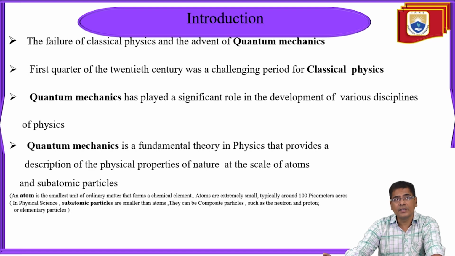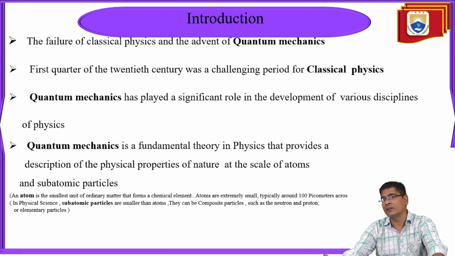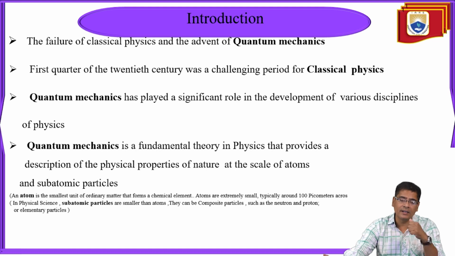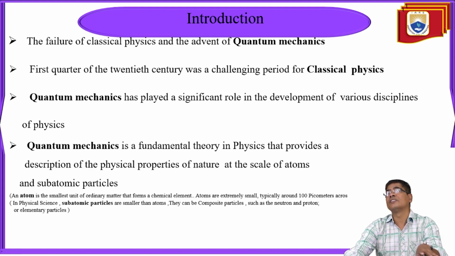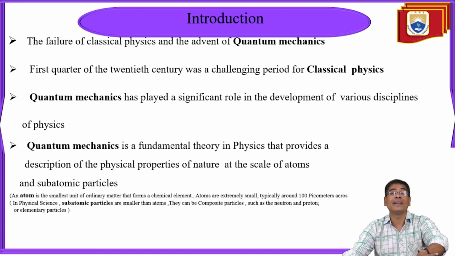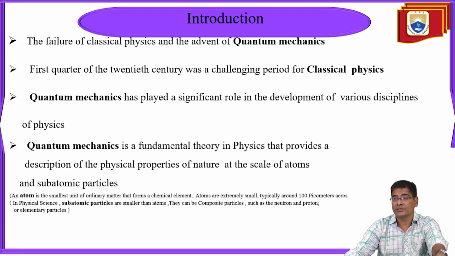The first part of the 20th century was a challenging period for classical physics. In the starting part of the 20th century, there were certain cases where classical physics was unsuccessful in explaining certain topics. Those topics were successfully explained by quantum physics.